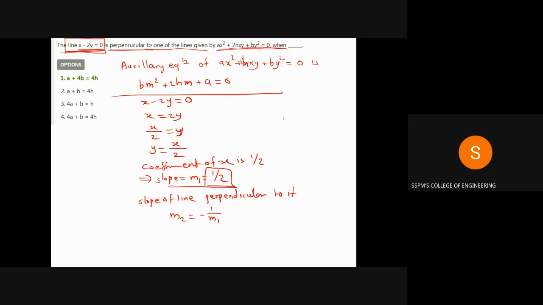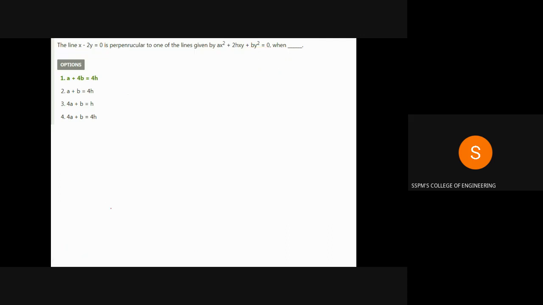Always, if m1 is the slope of one line, then the line perpendicular to it has slope minus 1 upon m1. Therefore minus 1 upon m1 is minus 2.